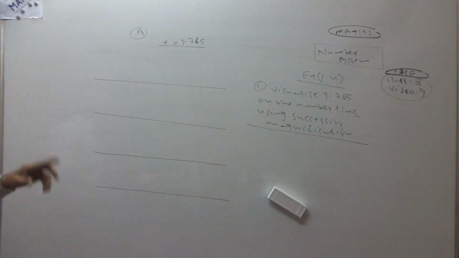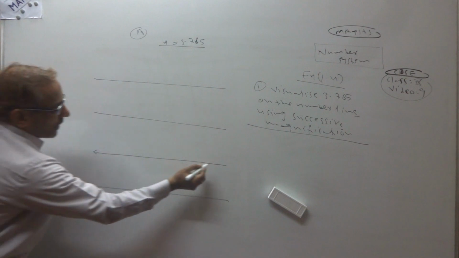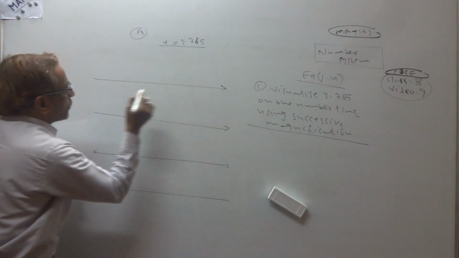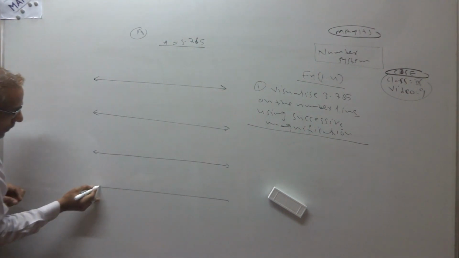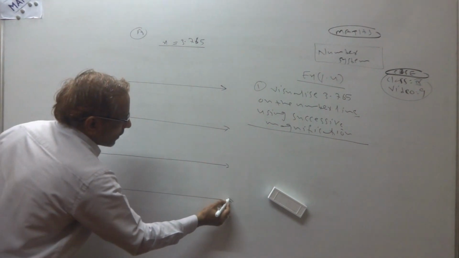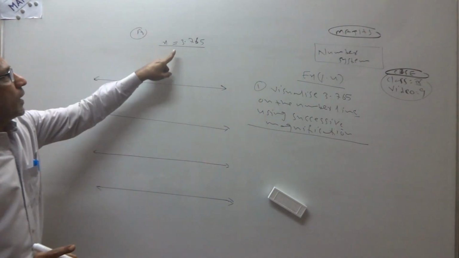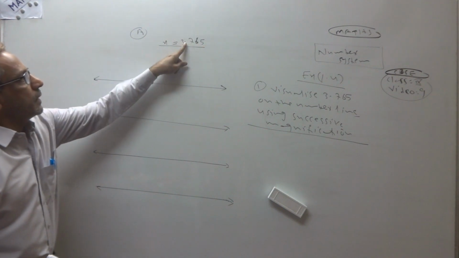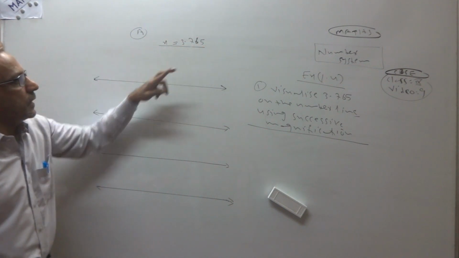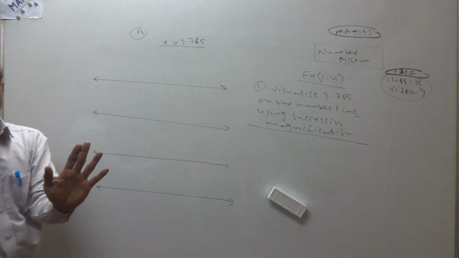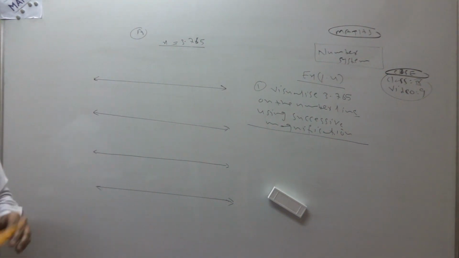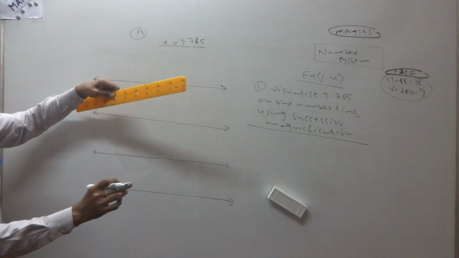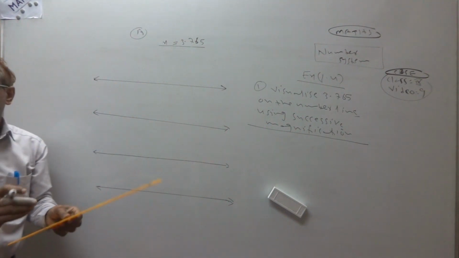To explain this answer, we take 4 steps. After the decimal, if 3 numbers are there, you take 4 steps. And on each line, you mark 11 points.